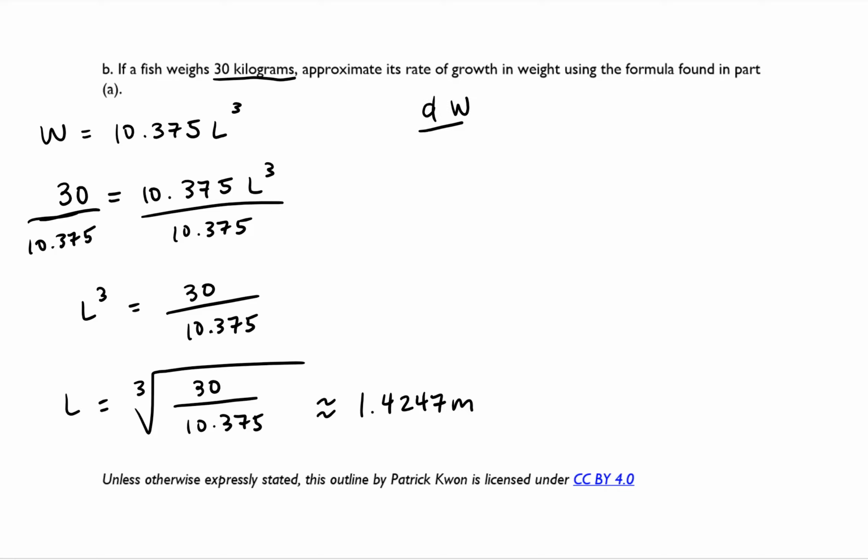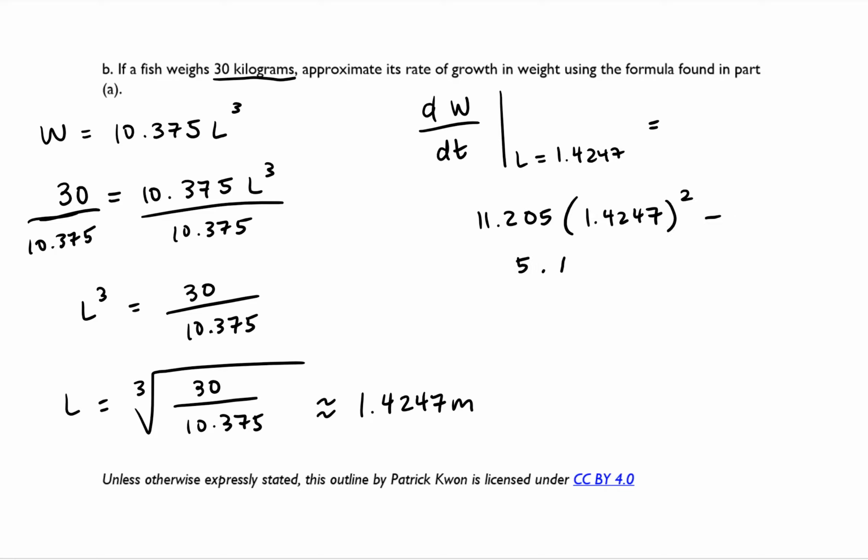Now, we calculated the formula for dW/dt in the previous part. So if we evaluate that for L equals 1.4247, that is going to equal 11.205 times 1.4247 squared minus 5.6025 times 1.4247 cubed.